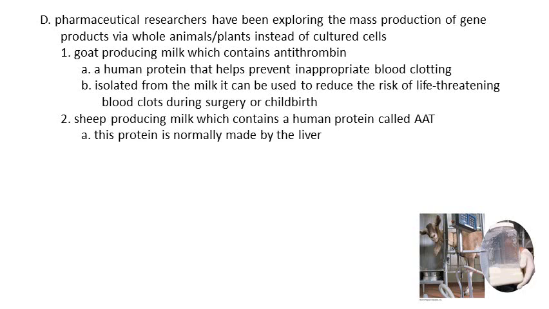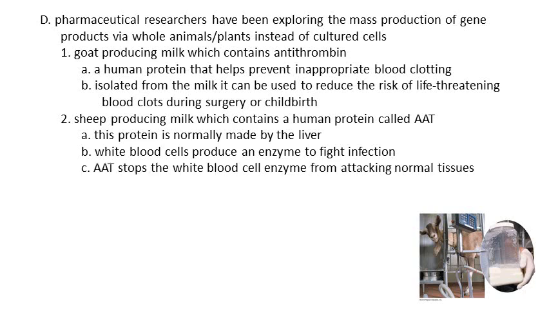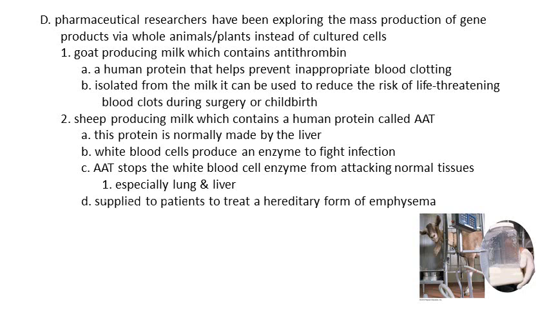Now this protein is normally made by the liver, and white blood cells produce an enzyme that's critical to fighting infection. And AAT stops the white blood cell enzyme from attacking normal tissues, especially in the lung and liver. And so some patients who have a hereditary form of emphysema can receive this treatment.